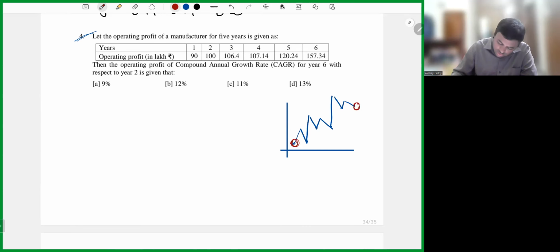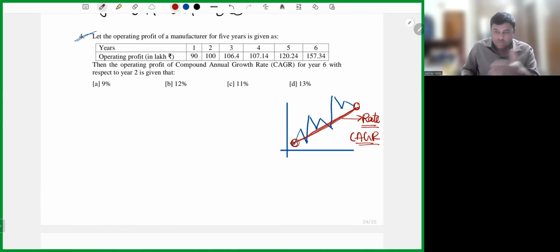Without taking all the fluctuations in between, I'll draw a straight line from here to here. If I calculate the rate of this straight line, that is called as CAGR. Okay, that is simply CAGR. So how to do this, all those things, we will take the help of present value formula itself. That is, we'll take principal and accumulated amount formula itself.